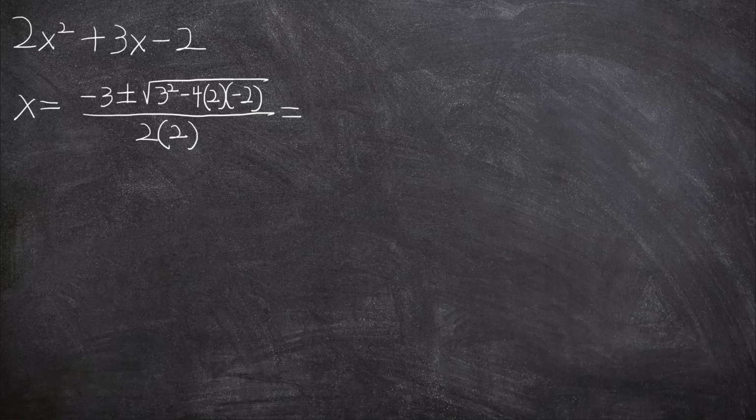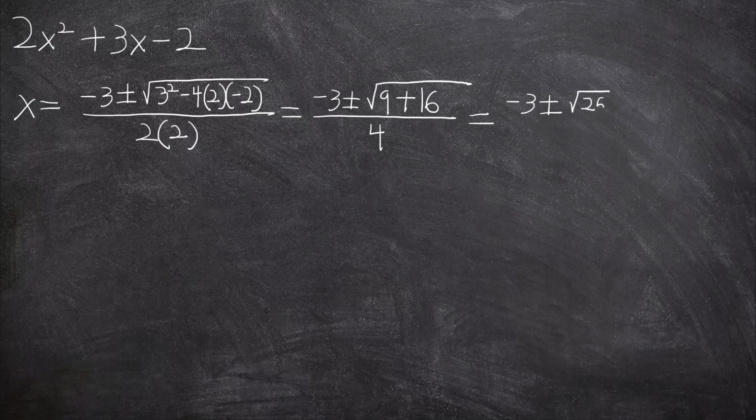So we will write out negative 3 plus minus the square root of 9 plus 16 over 4. And this would simply evaluate to negative 3 plus minus the square root of 25 over 4. And square root of 25 evaluates to 5.